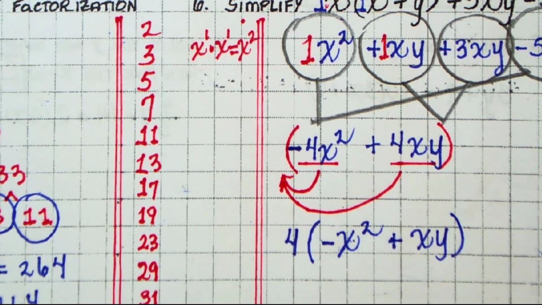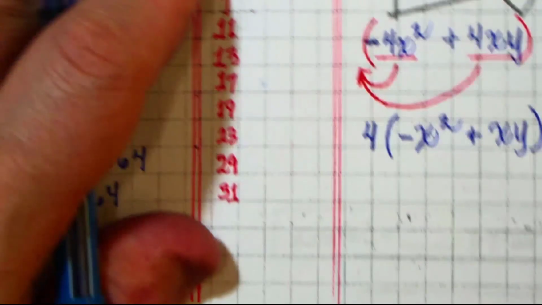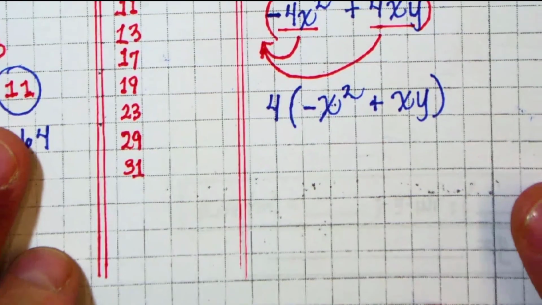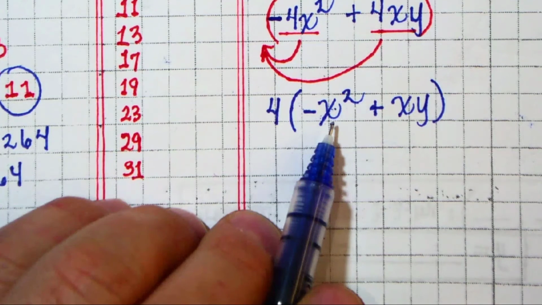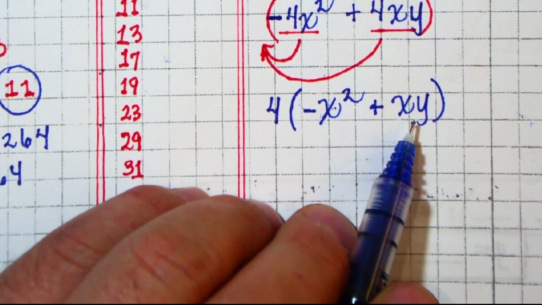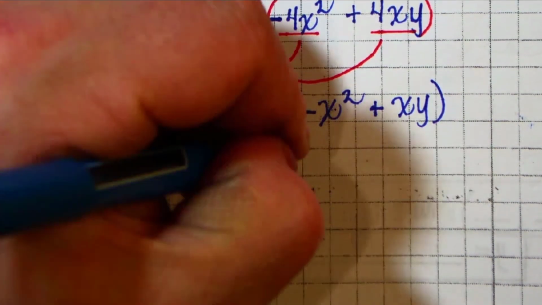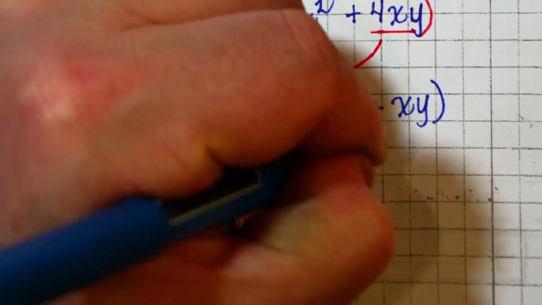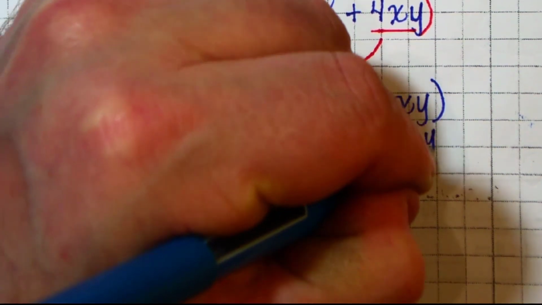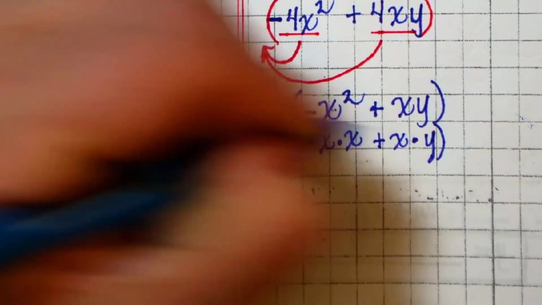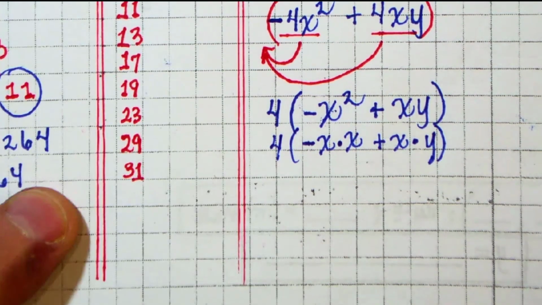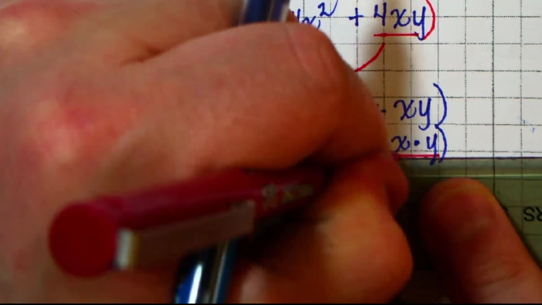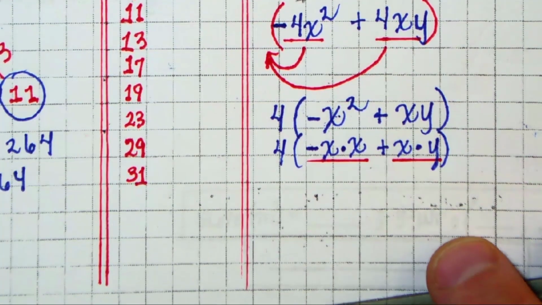But wait. There's more. You can factor out an x. You see, there's an x here, and there's an x here. This is really negative x times x plus x times y. Okay? So I could factor out an x. This isn't just some kind of curiosity.